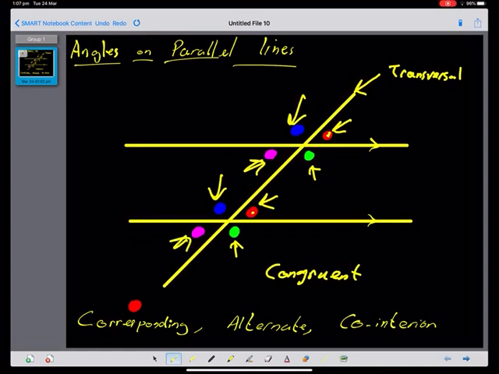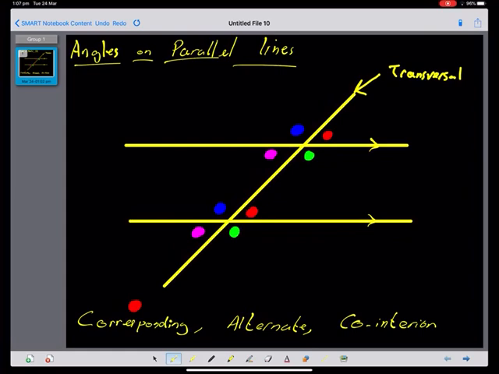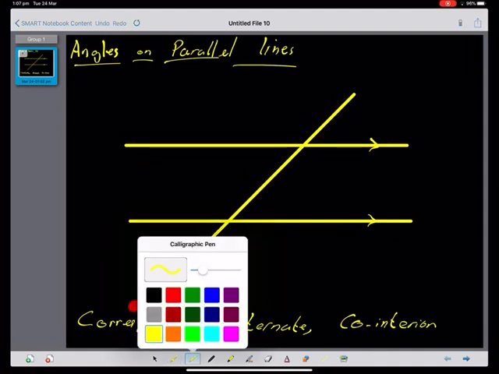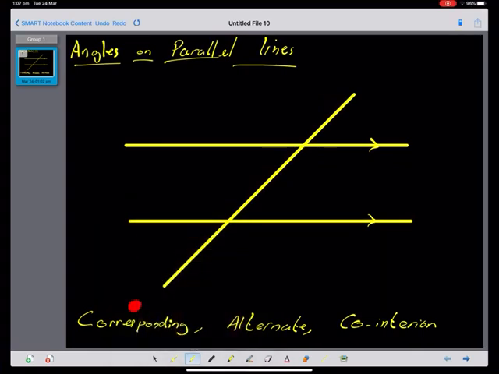Hopefully you can find the pronumerals here using corresponding angles. So let's do that. I want you to find the pronumerals, and you should all know a pronumeral is a letter which represents a number.